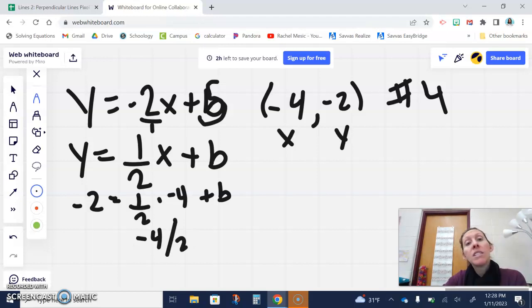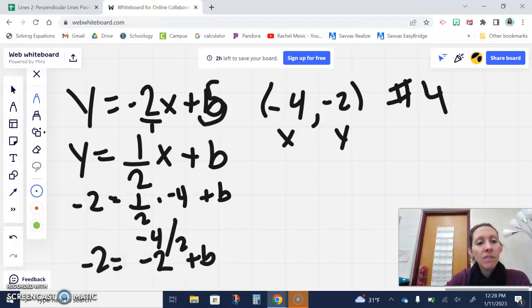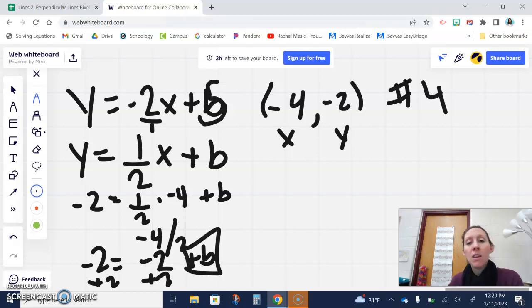So -4 divided by 2 is -2. All right, so I could add 2 to both sides, which is 0. Or I might also notice that -2 is equal to -2, so that means I'd have nothing extra. So b is 0.